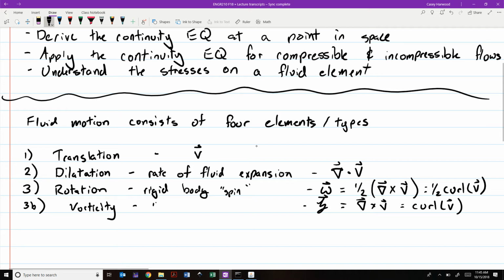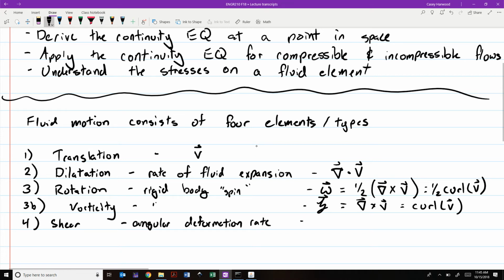And then the last one, which is the shear, or the angular rate of deformation.